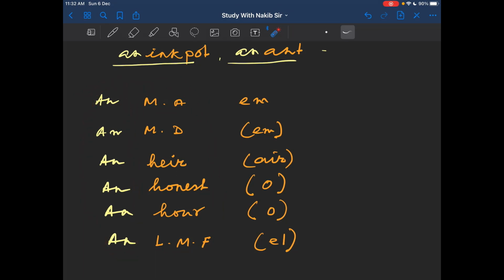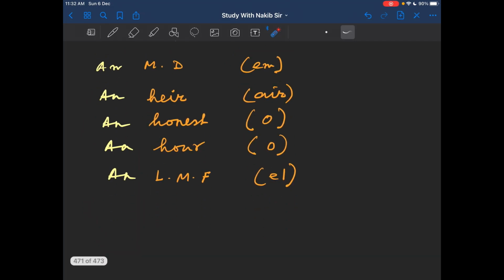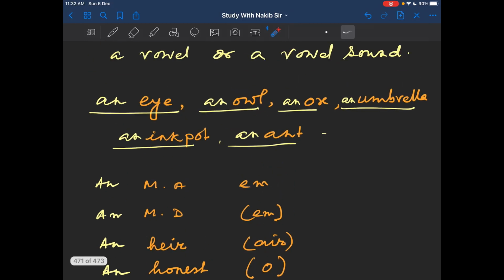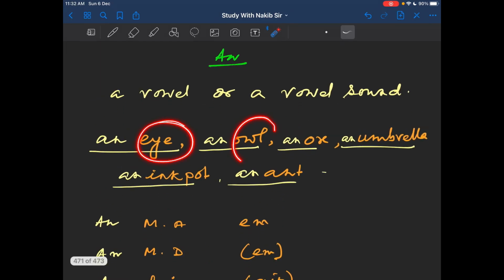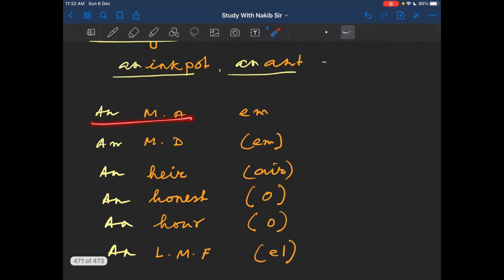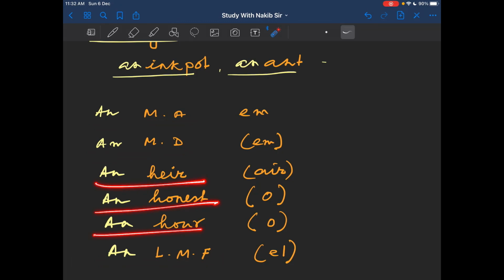Okay. For the use of an, remember these 2 points only. First, an is used before those words that begin with the vowels. And another point is that an is used before those words that begin with a consonant but with a vowel sound, like this: an M-A, an M-D, an L-M-F, an S-D-O, an heir, an honest, an hour.